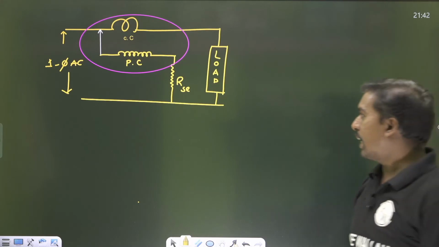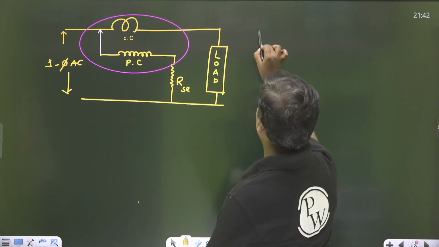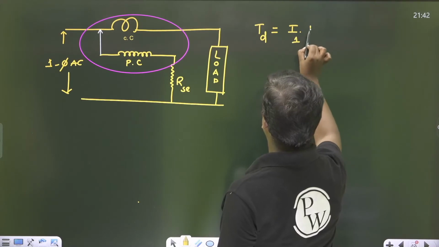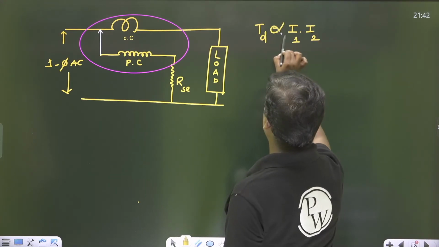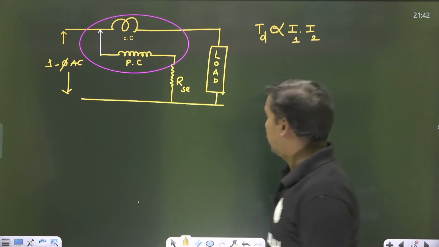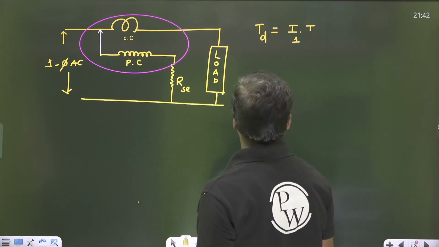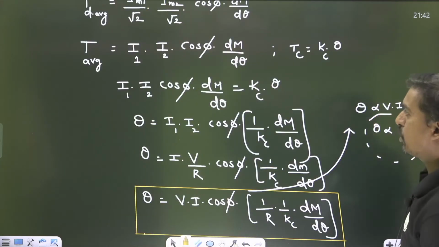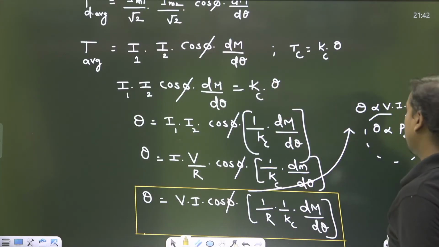So now we can write the deflection torque expression. Deflection torque is proportional to I1 I2. Whatever you have taken, the previous expression: what is the expression for TD? TD is equal to I1 I2 cos phi dM by d theta, right?